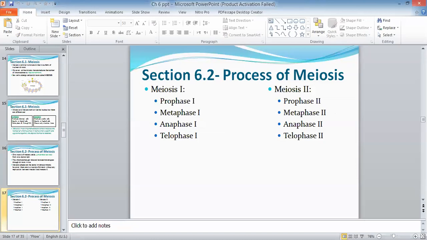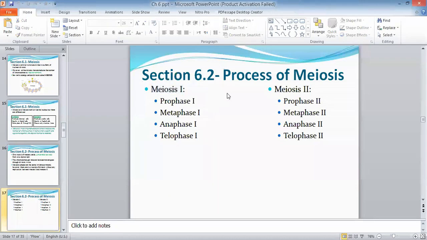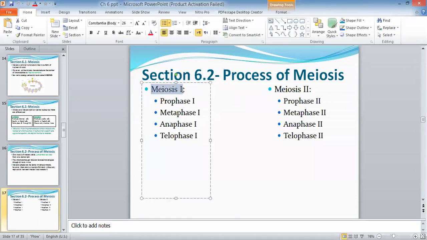The first stage is called meiosis 1 or first meiosis. All phases that occur during meiosis 1 take the number 1: prophase 1, metaphase 1, anaphase 1, telophase 1.